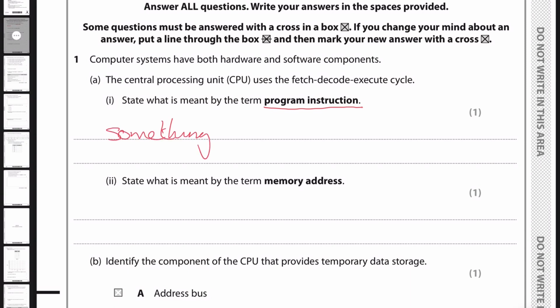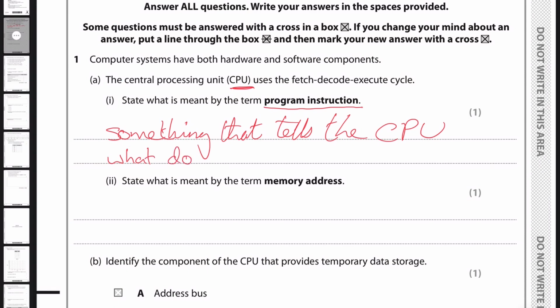It's as simple as this, something that tells the CPU what to do, or what action to perform. That's basically, for 1 mark, something that tells the CPU what to do.